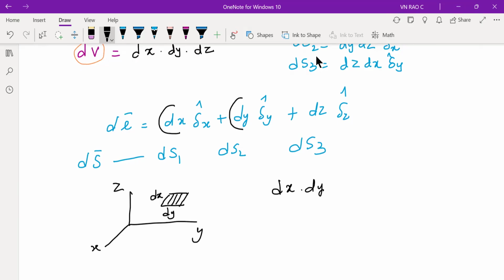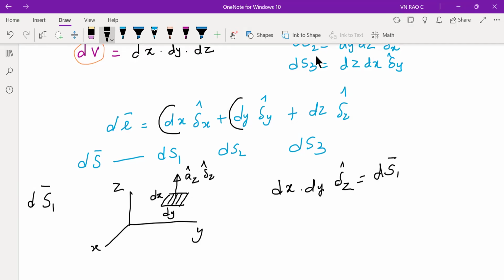But what is the direction we are looking at? What is the component we have not taken in the first case? That is ds1, differential surface 1, is this. The direction which we have not considered is az, or delta z. So dx dy into delta z. That means you have to state the direction. So this is known as surface 1.